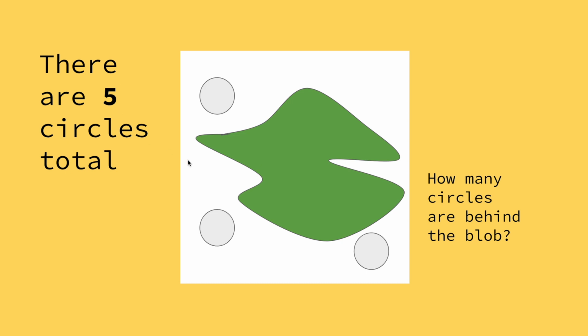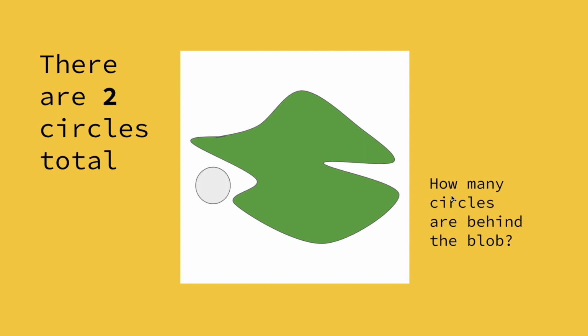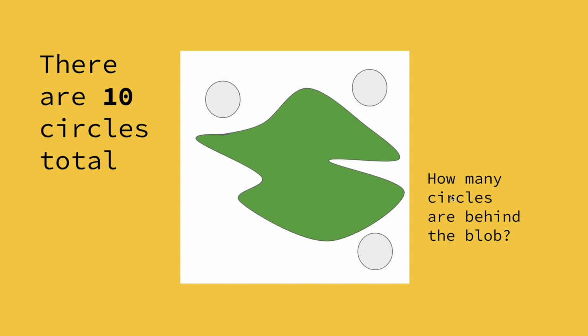There are 5 circles in total, and the goal is the student sees the first 3, and we'll try and figure out how many are under the blob, how many circles are behind the blob, and the student will just answer. This one-on-one does not show the answers. It's just for the educator to gain insight on the student's knowledge of number sense.